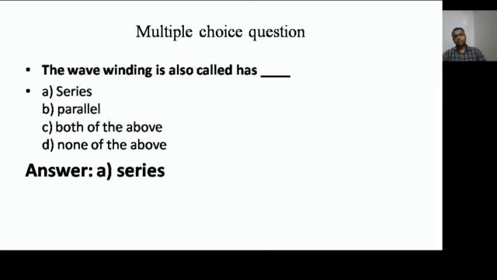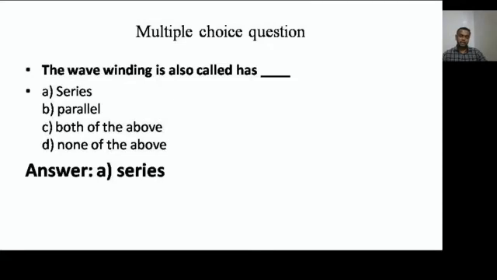Next, wave winding is also called as dash: series, parallel, both series and parallel, none of the above. We have repeated this many times. Wave winding is also called series winding, because the coils are connected in series.